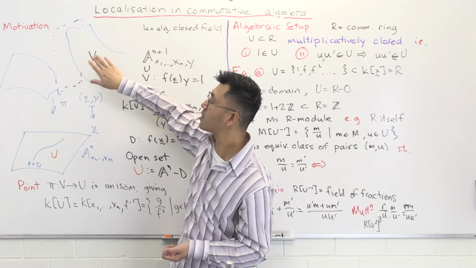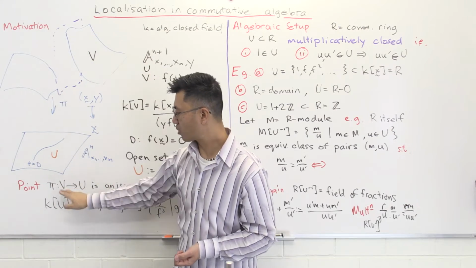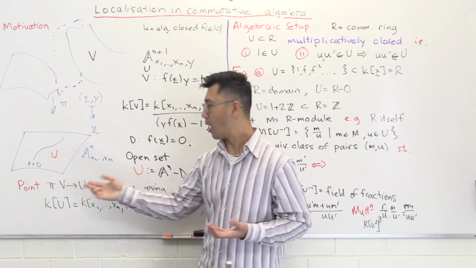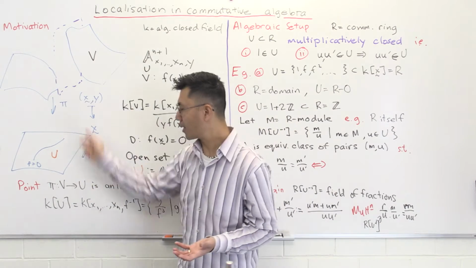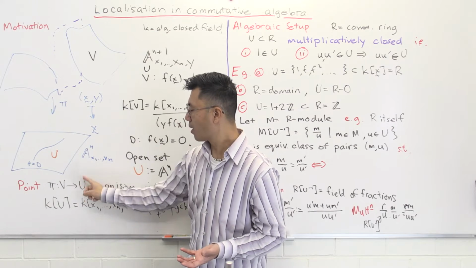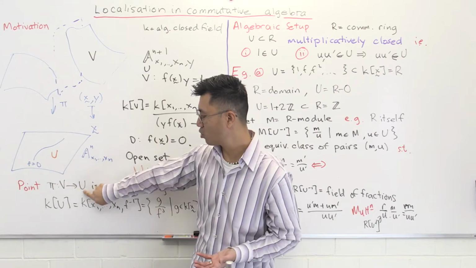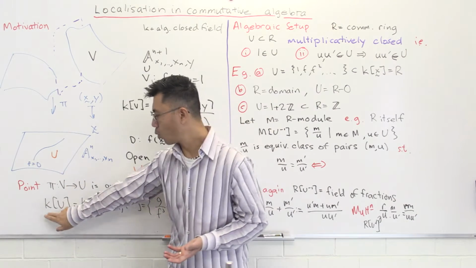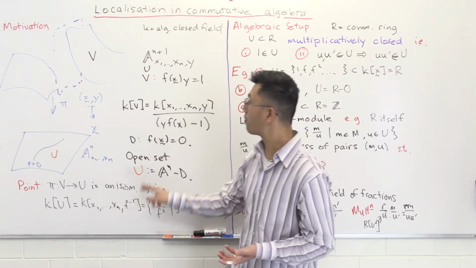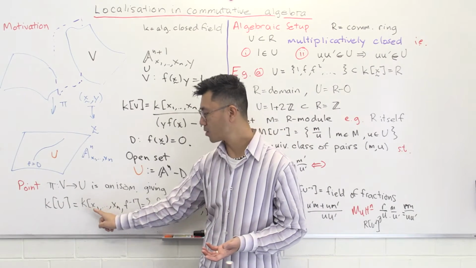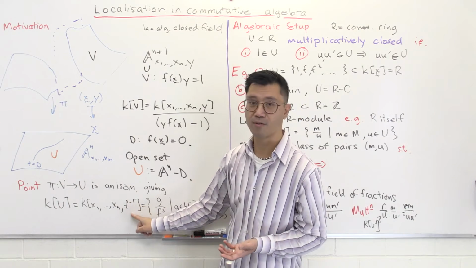So let's make this pi from V to U an isomorphism of affine algebraic varieties by letting the variety structure on V induce the one on U. In other words, the coordinate ring of U is going to be the same as that of V. That's precisely what we have here: polynomials in x1 up to xn with the inverse of f adjoined.